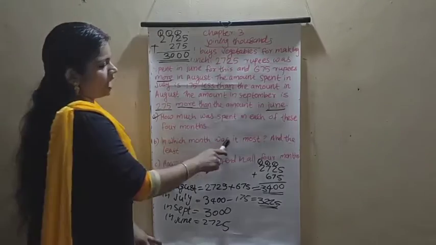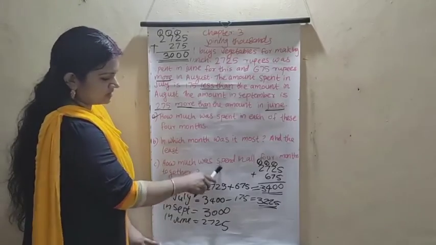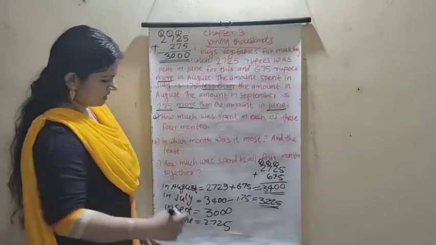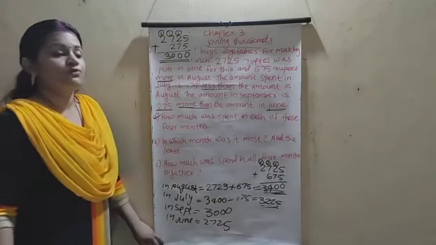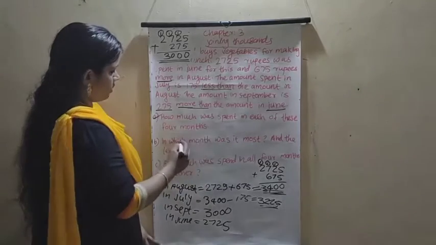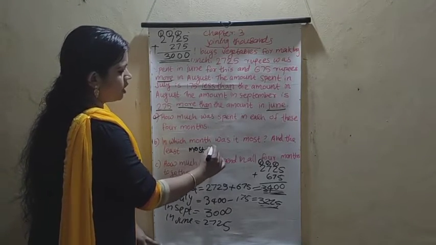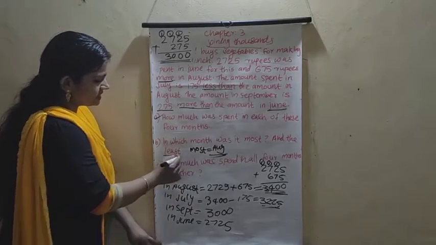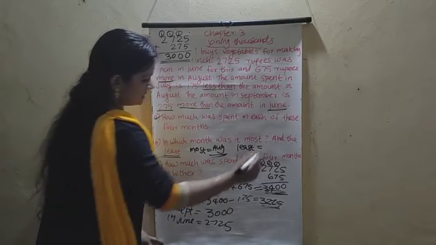In which month was it most? Look at the amounts here. Which one is more? In August, 3,400 is the most. And the least? Which month is the least?